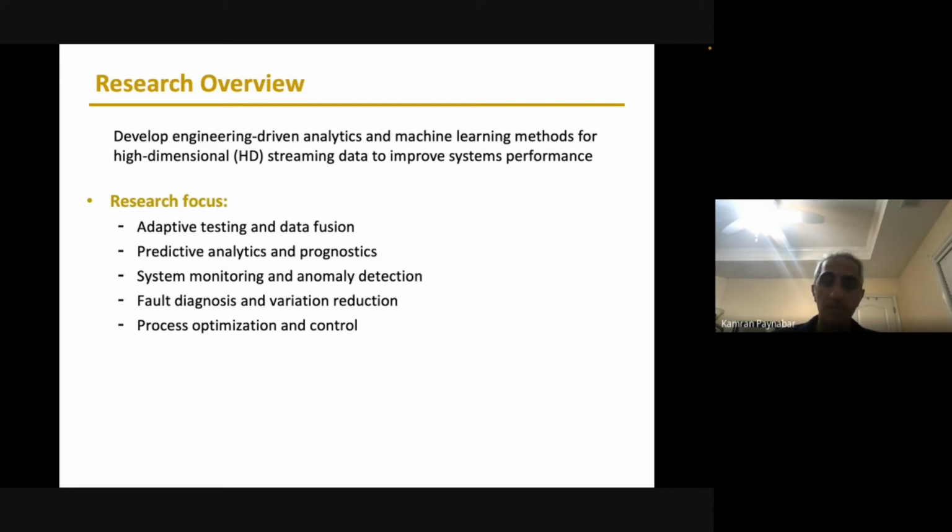By adaptive testing and data fusion, predictive analytics and prognostics, systems monitoring and anomaly detection, fault diagnosis and variation reduction, and process optimization and control. These are the areas that I actively work in, trying to marry machine learning and high-dimensional learning with engineering principles and applications in engineering problems. The main area is manufacturing, but I also work in healthcare and services.